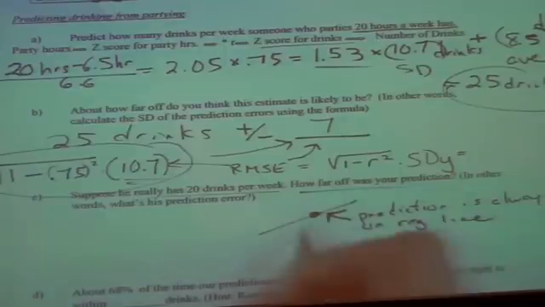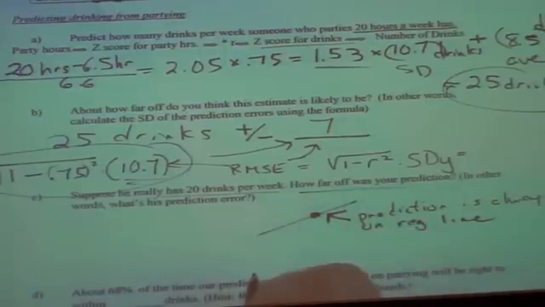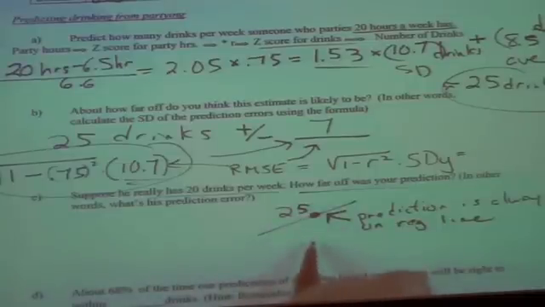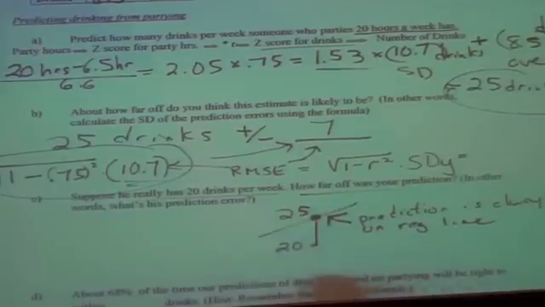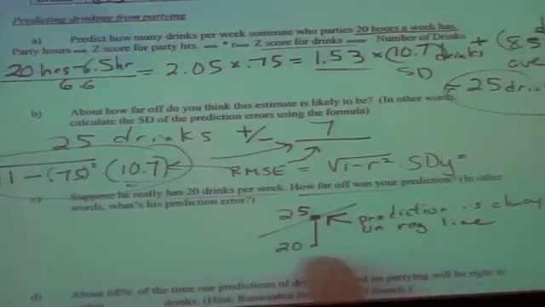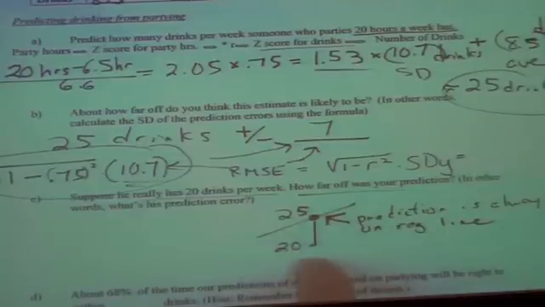And what is that point that we predicted for him? 25. But he's really not up that high. He's down here at 20. What is that distance? That is his error. That's our error in making the prediction. What is that?